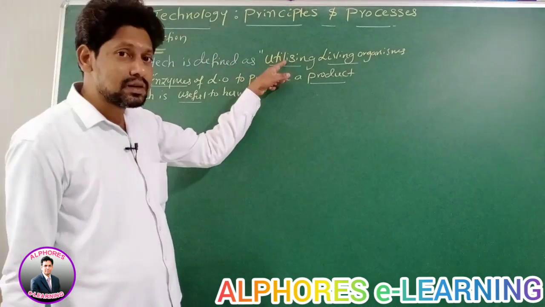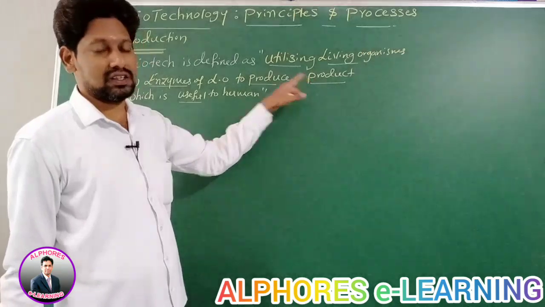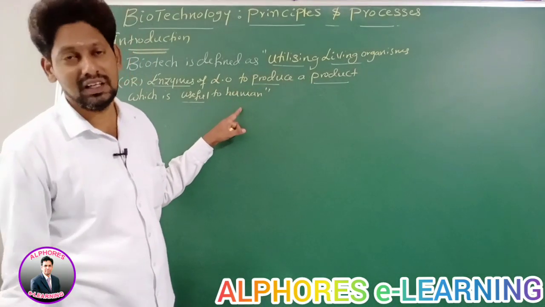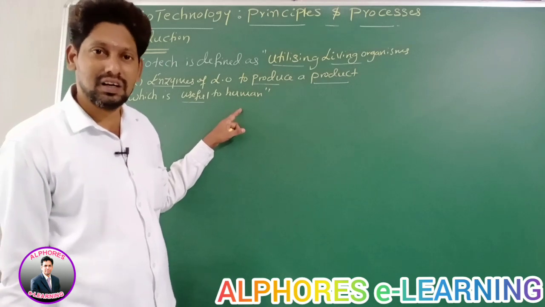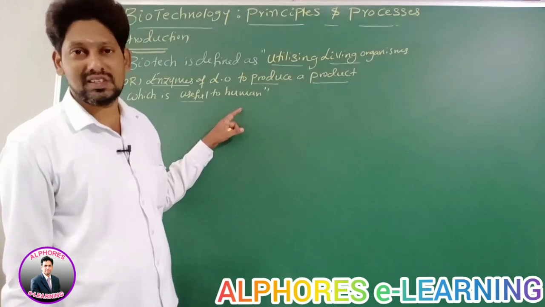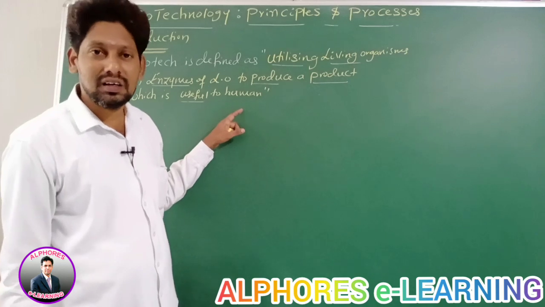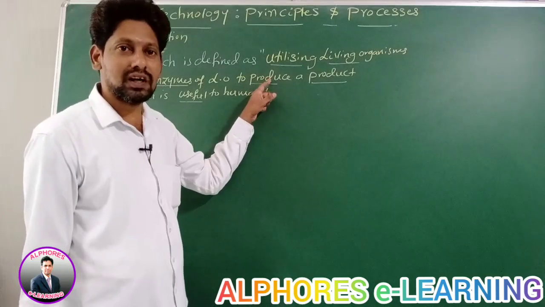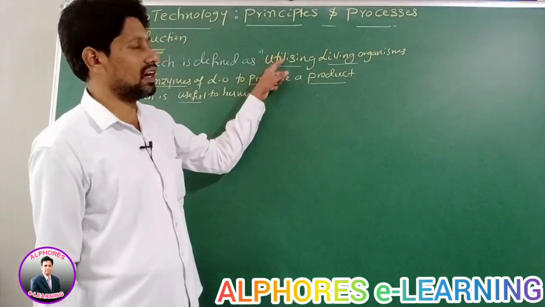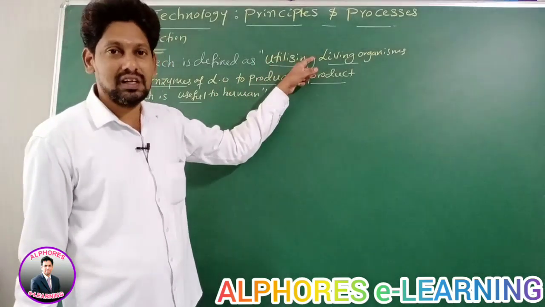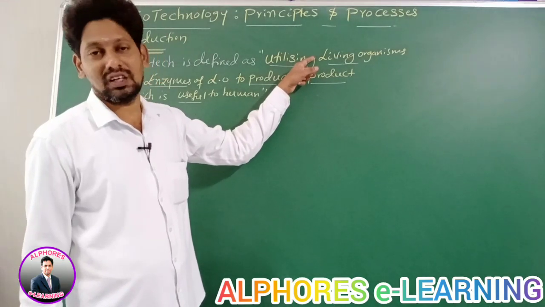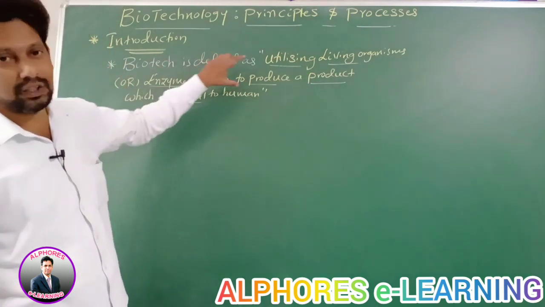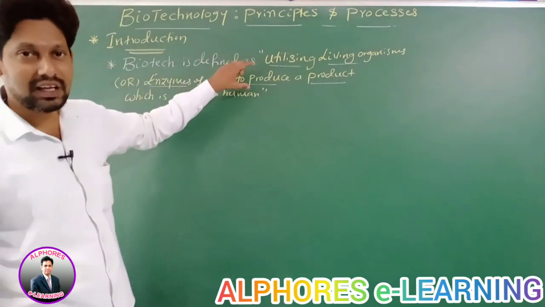If living organisms are utilized to produce a product which is useful to humans, we should call it biotechnology. Microorganisms are involved in the production of bread, curd, and wine, and these are useful to human beings. Therefore, we are producing useful products by utilizing living organisms. So bread, curd, and wine preparation come under biotechnology if we proceed according to this definition. Is it okay? Clear?